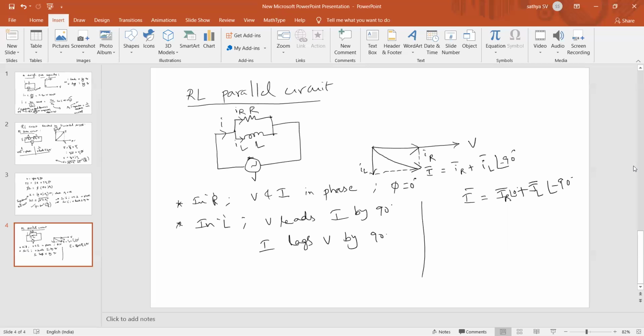Now I bar is equal to IR minus jIL, because this is minus 90. Clear? Now shall we write it in both magnitude and angular format? The magnitude is the square root of IR square plus IL square, at an angle tan inverse of minus IL by IR.